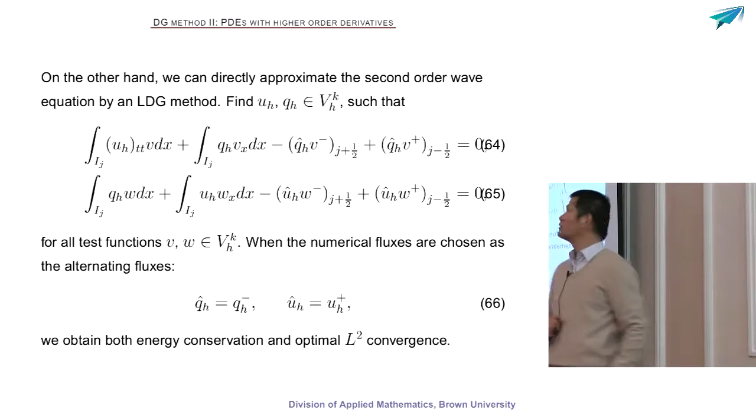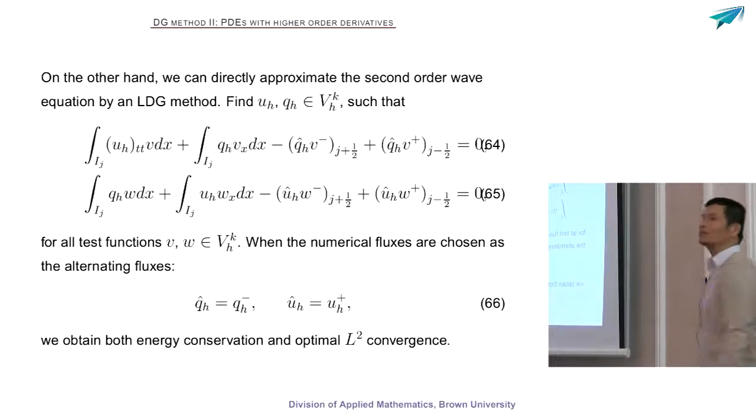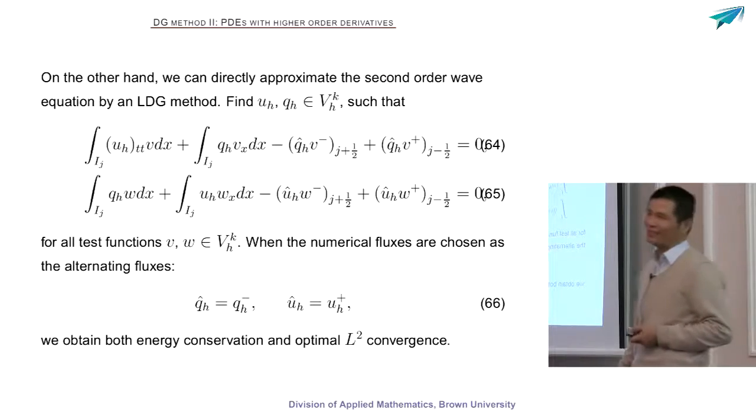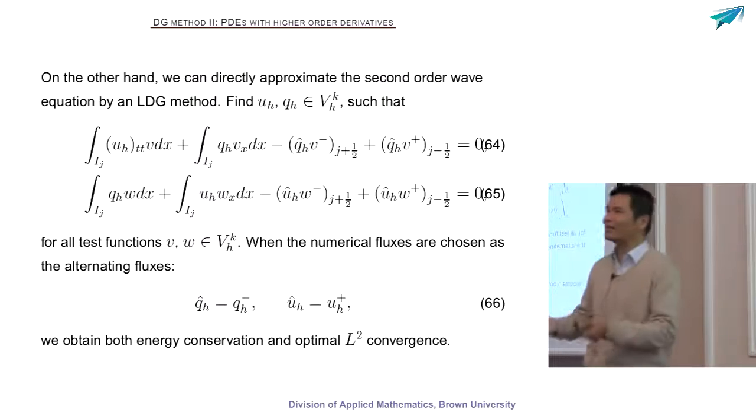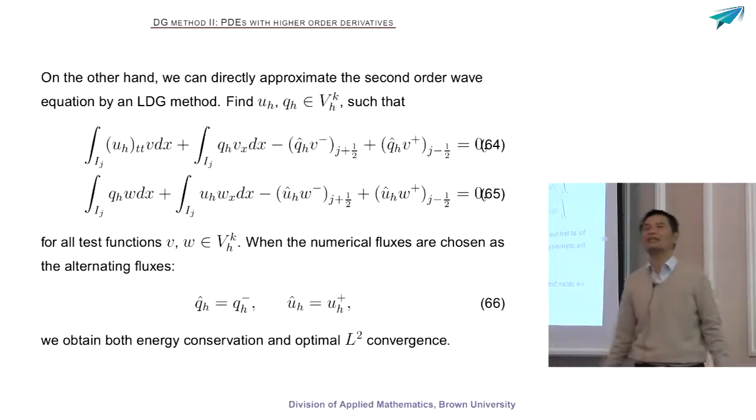And would you believe just that gives you an energy conserved scheme which is optimal order convergent. I did not expect that, at least I myself, I did not. I mean, in the literature, you can see that there are a lot of internal penalty type methods which cannot actually get energy conservation because of this alpha business, right? You put an alpha there, it's very hard to get true energy conservation.